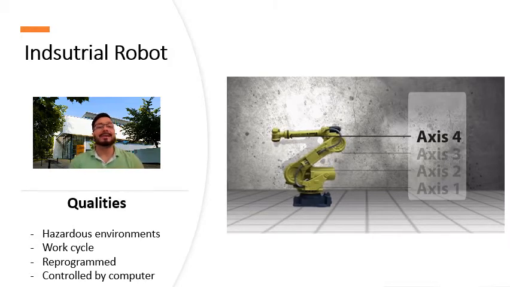Robots can be reprogrammed. When the production run of the current task is completed, a robot can be reprogrammed and equipped with the necessary tooling to perform an altogether different task. And finally, robots are controlled by computers and can therefore be connected to other computer systems to achieve computer integrated manufacturing.